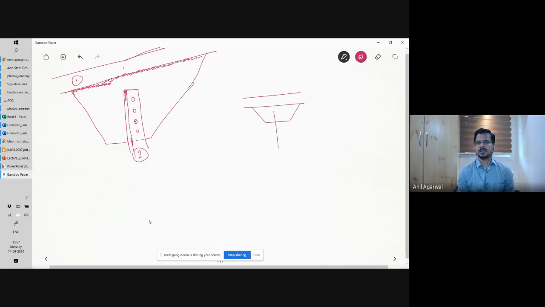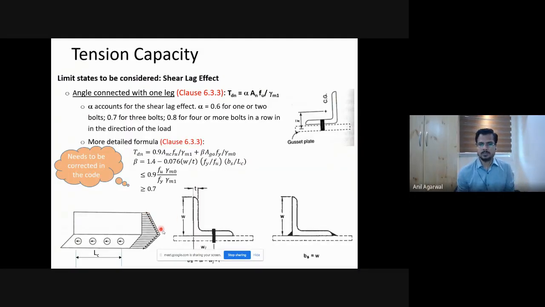Then you had a gusset plate, and I had a simple plate to connect. I would have simply put whatever number of bolts were required in that plate right at the center, and the stresses would have been uniform or could have been assumed to be uniform. But when I have an angle, then that thing hurts me.